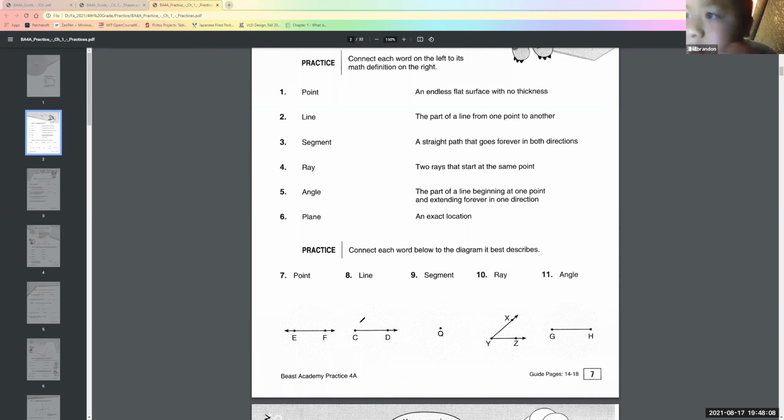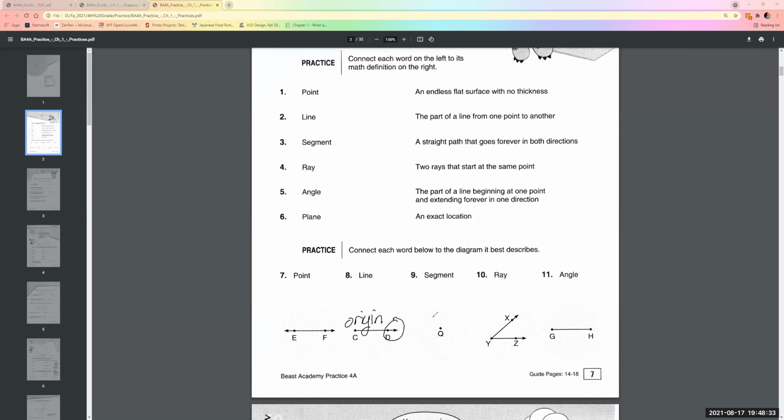I think so. So this one's actually the ray, because this is the origin part. And for the ray, it only extends in one direction, which is why we only have one arrowhead. Does that make sense? The third one.